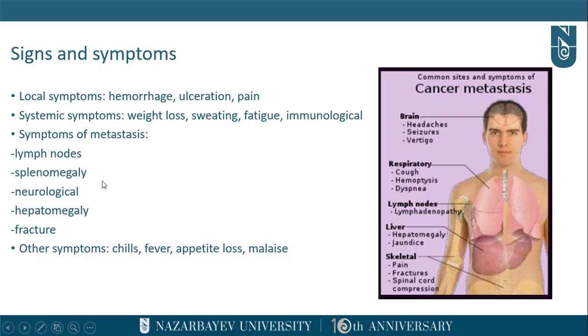And for the systemic, it can be immunological imbalance or fatigue and very severe weight loss. For the cancer cells that have metastasized, there will be some enlargement of the spleen, that is splenomegaly, or enlargement of the liver, that is hepatomegaly, or enlargement of lymph nodes. Those are all signs that the body is suffering, that there is a response from our body system to address the problem occurring inside it.